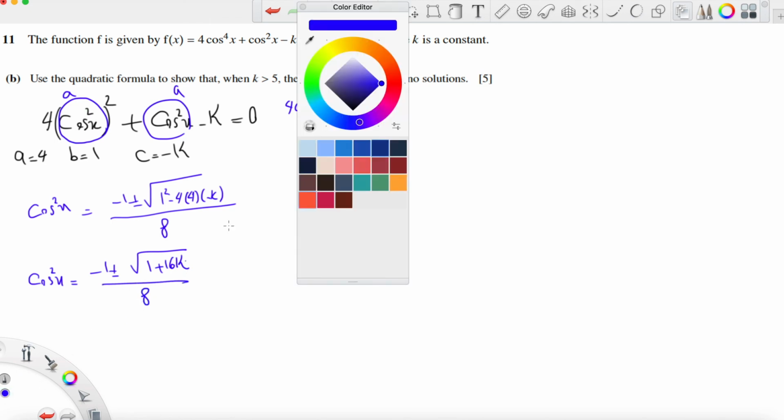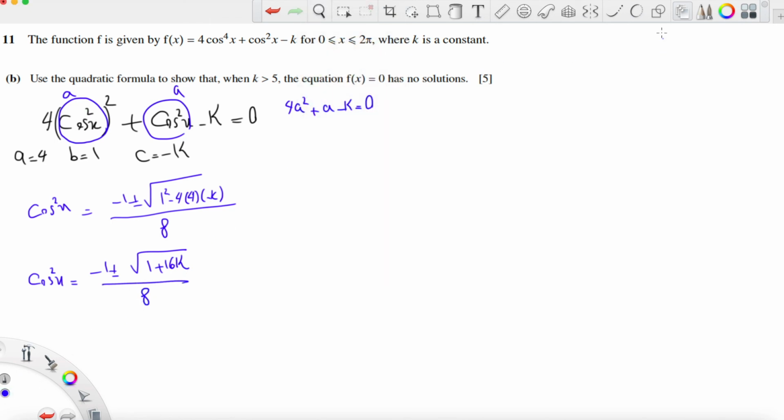Now, let me construct a graph of cosine of x first. We are in the interval 0 till 2 pi. So, for example, pi over 2, pi, 3 pi over 2, and 2 pi.